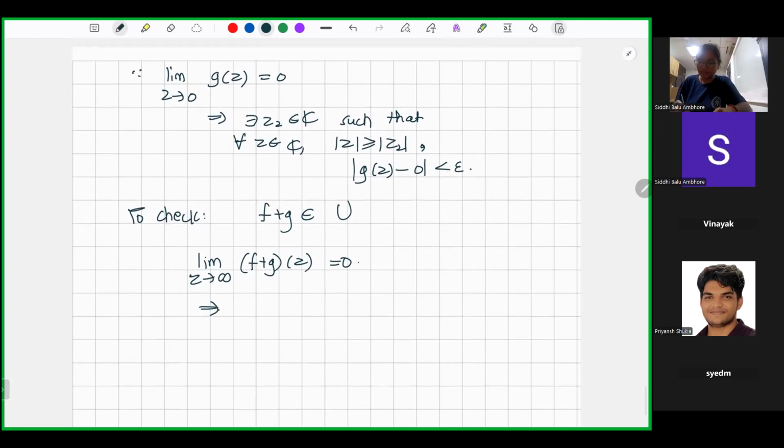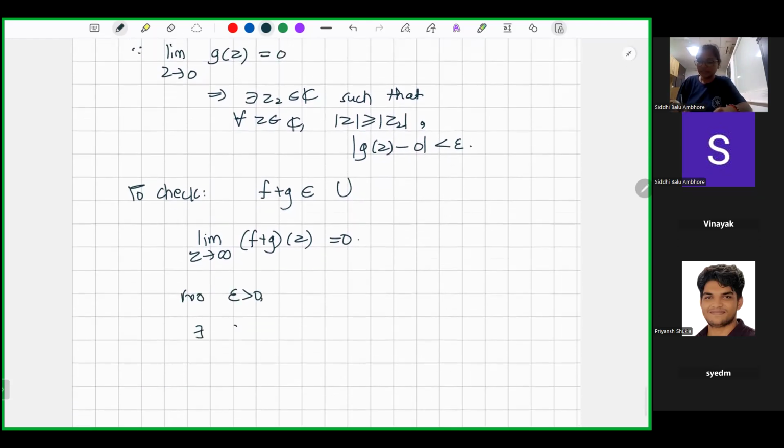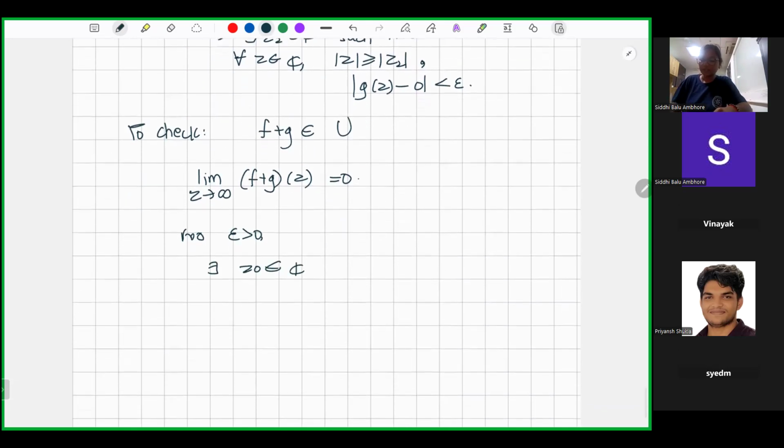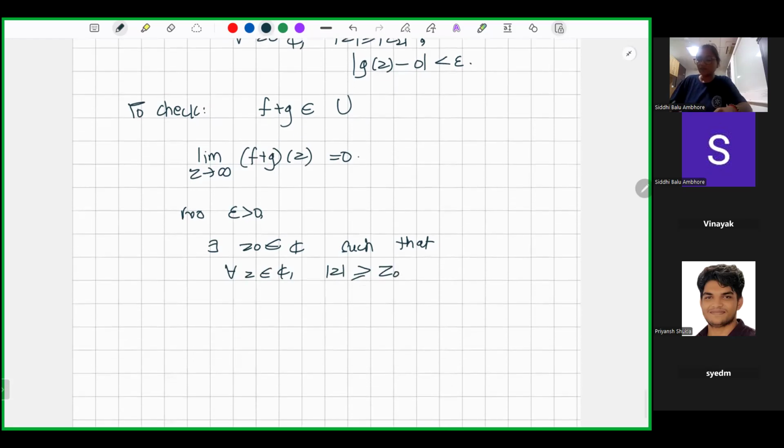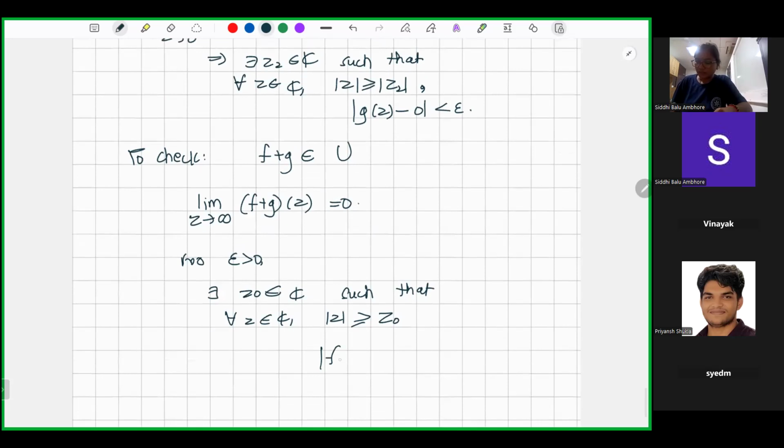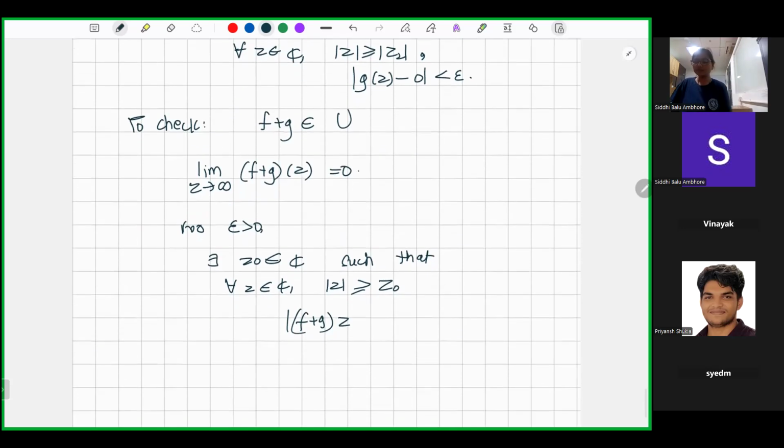So I wanted to check that for this epsilon, there exists some z naught in C such that for all z in C with |z| greater than |z naught|, |(f+g)(z) - 0| must be less than epsilon.